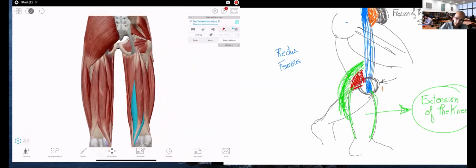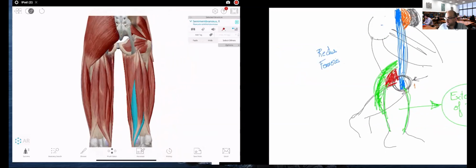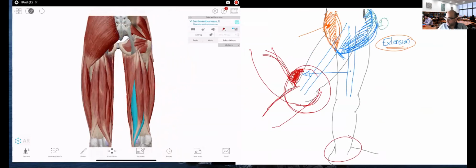They are passing behind the hip and behind the knee. So if I'm passing behind the hip joint, what action would I be allowing? If I'm looking back at the previous drawings that we've had for the gluteus maximus, it was traveling behind the hip joint. So what action would I be performing traveling behind the hip joint when I contract?